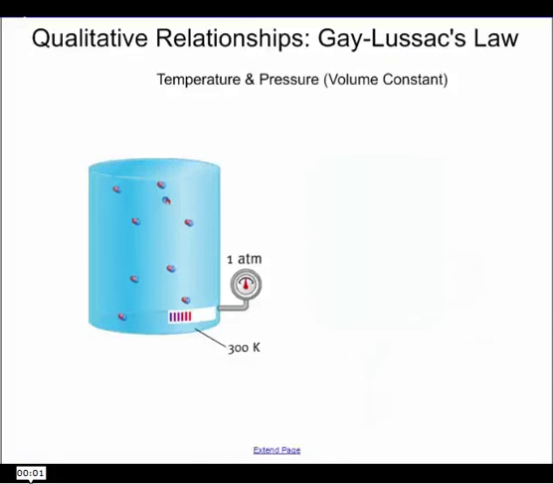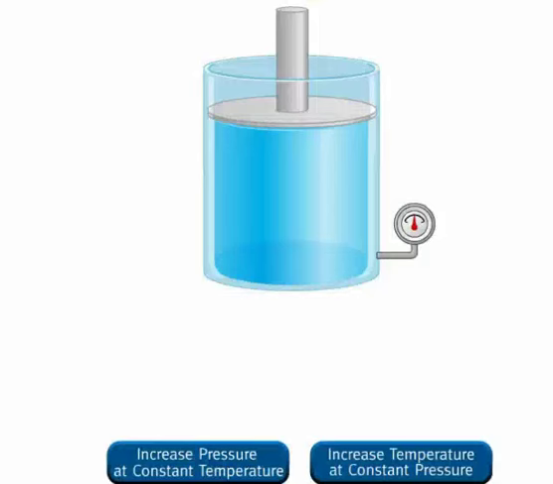We're now going to take a look at the qualitative or conceptual relationship between temperature and pressure with the volume remaining constant. This is referred to as Gay-Lussac's law. In this simulation, we are going to see the effect of increasing the temperature of a gas, what that will do to the pressure of that gas if we keep the volume constant.